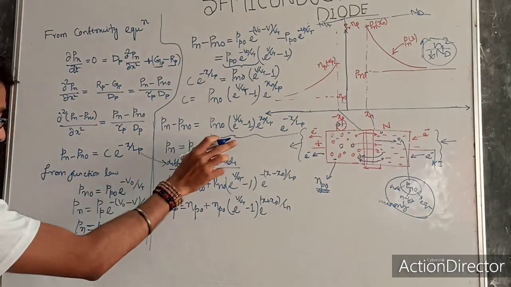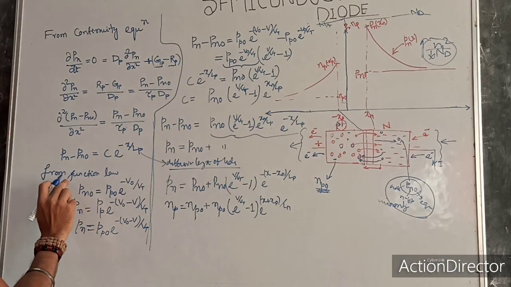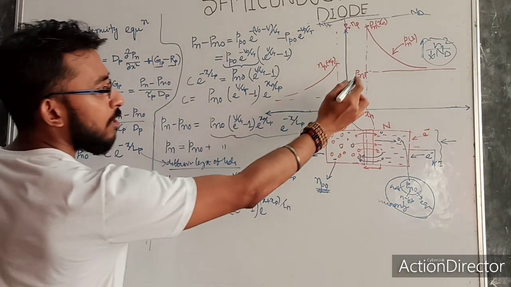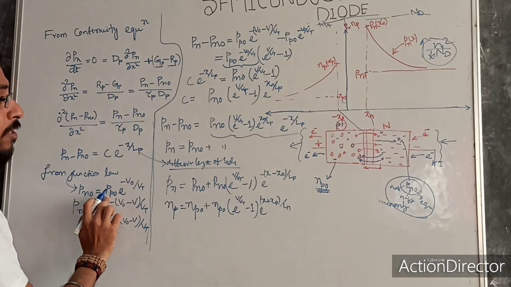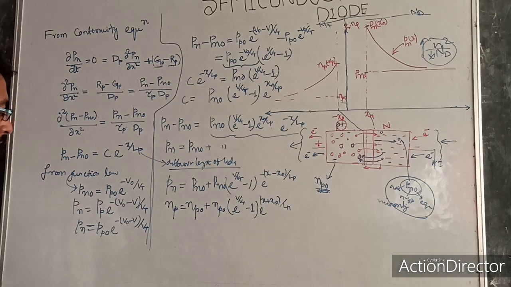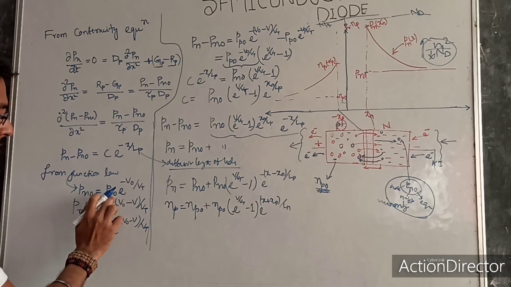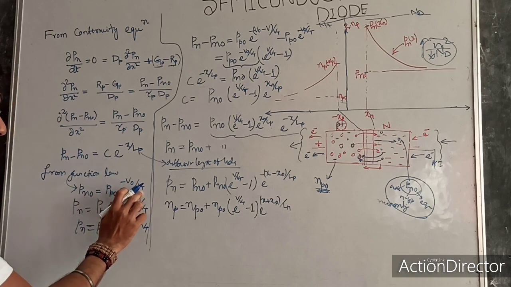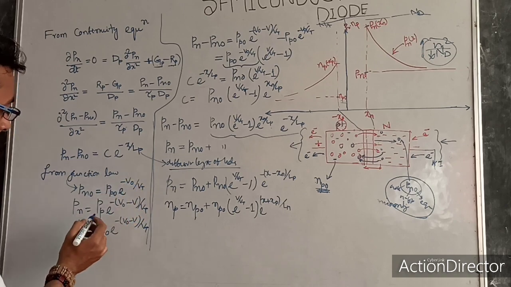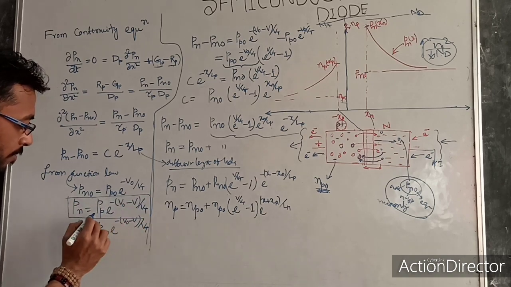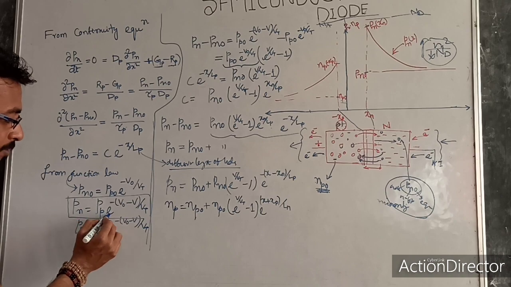For that center case I am writing this relation, the junction law. At the junction, my pn, which is nothing but pp naught, what is pp naught? That is the number of holes present at the p side at equilibrium, times e power minus V naught upon Vt. So normally pn is nothing but pp times e power minus V naught upon Vt.